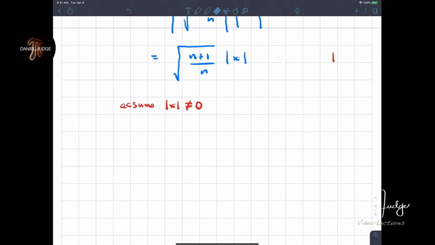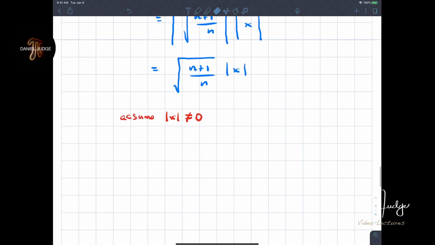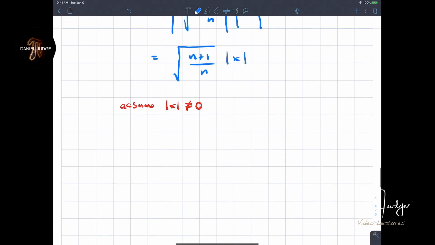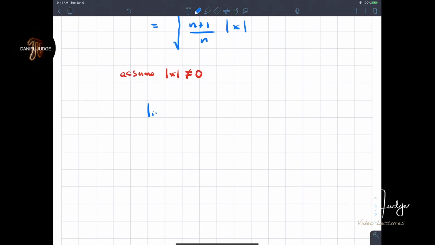And then, because we know we have the trivial solution, when we take the limit with that assumption, we can get a very clear idea of convergence for the other values other than 0.